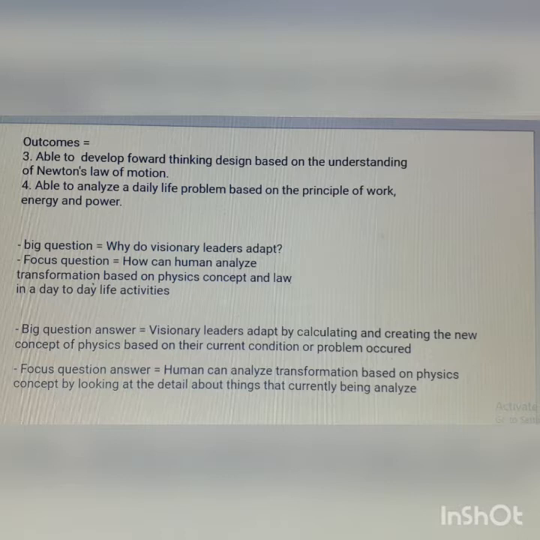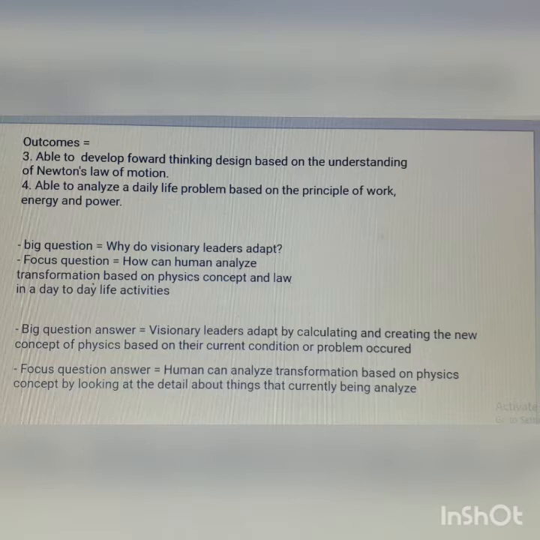So to answer the first question, which is the big question, we must adapt to the current situation we are faced with. Visionary leaders adapt by calculating and creating new concepts of physics based on their current condition or problem that occurred.